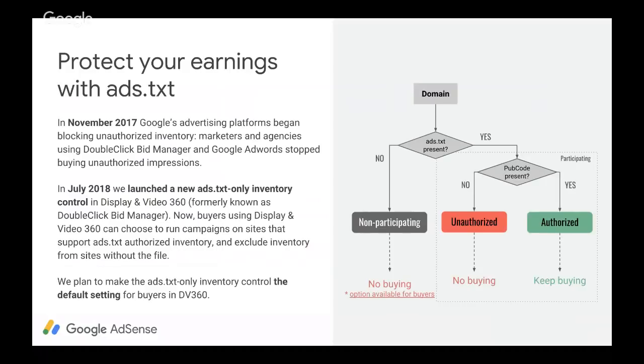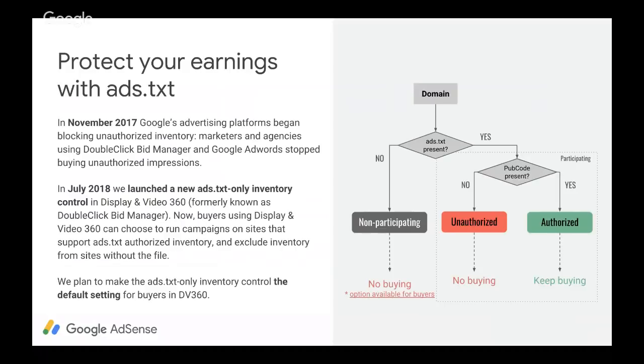So if, as I mentioned before, on a domain there is an ads.txt file, but certain pub IDs or seller IDs are not present, and ad requests come from those IDs, this would not be bought through Google's advertising platforms.